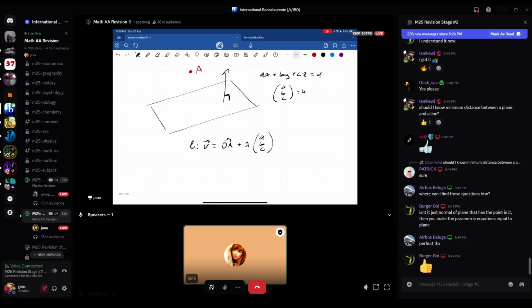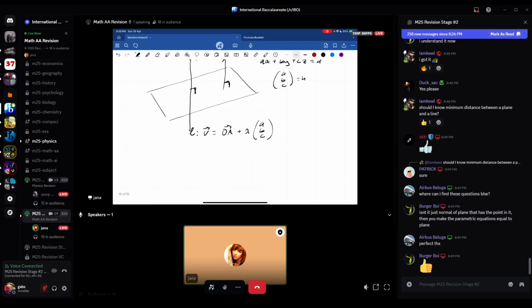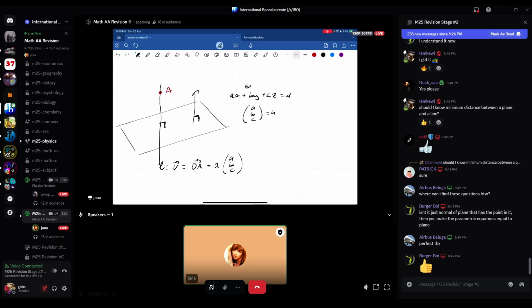What that's going to do is give us this line right here, which also happens to be perpendicular to the plane. We can use the parametric equations of this line, so x equals whatever plus lambda whatever. By plugging those into the Cartesian equation of the plane, we can find lambda, and then we can substitute it back into the equation of the line, and it will give us the point of intersection right here.